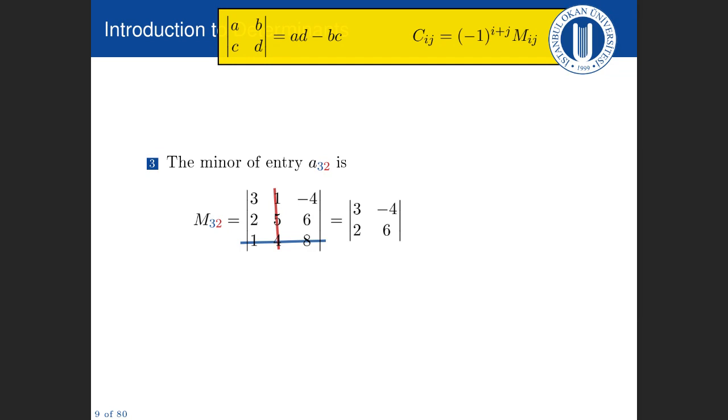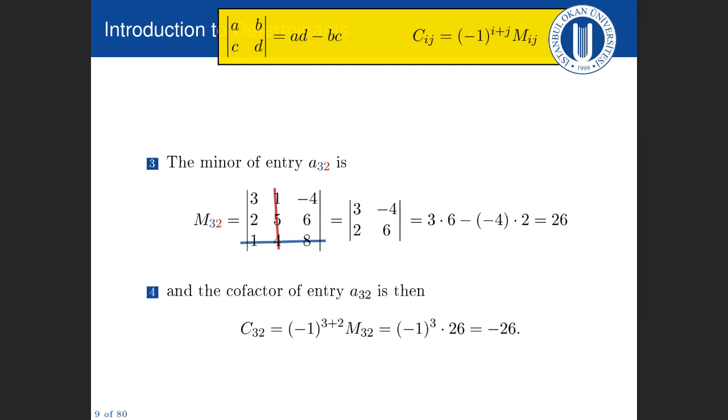The determinant of the matrix 3, minus 4, 2, 6 is 3 multiplied by 6 minus minus 4 multiplied by 2. And that is equal to 26. And then we want the cofactor of entry A32. So we do minus 1 to the power 3 plus 2, M32. That's minus 1 cubed, or minus 1 multiplied by 26, which is minus 26.